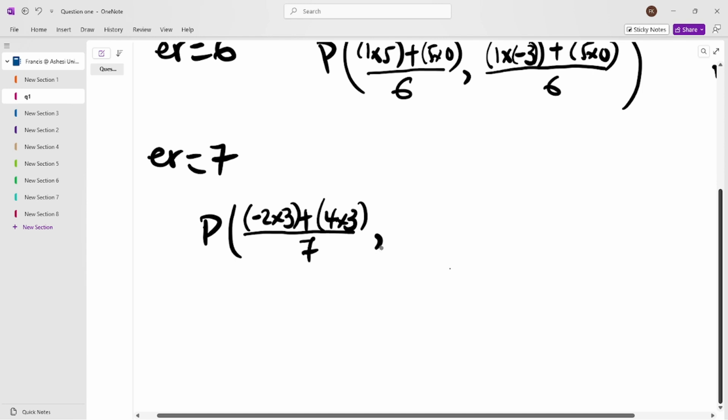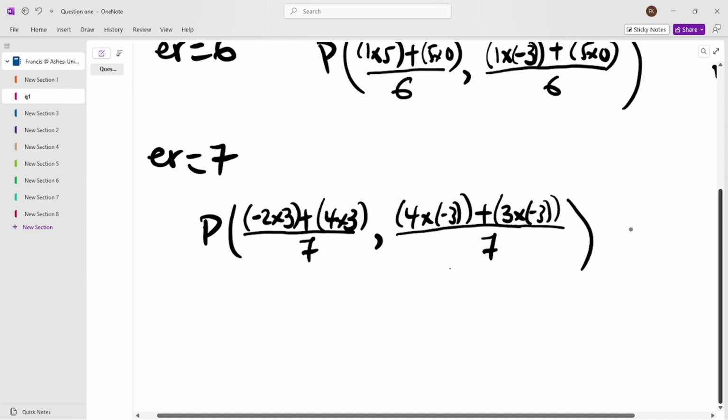Then our second fraction with numerator 4 times negative 3 plus 3 times negative 3, all over 7. So this gives us the final answer to be P into bracket 6 over 7.